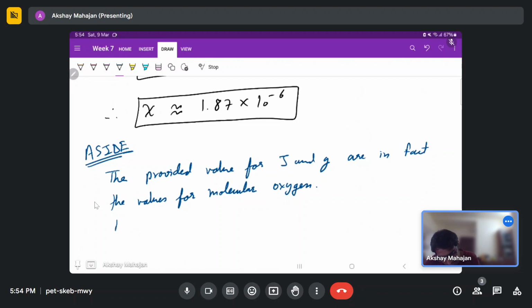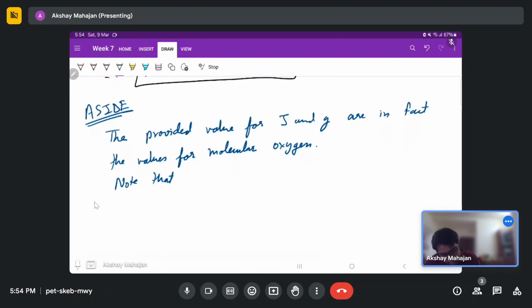Note that the susceptibility we calculated is a small and positive number.